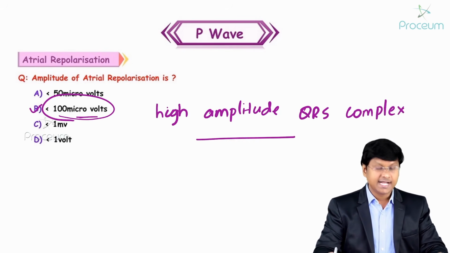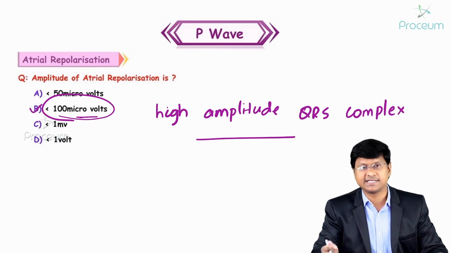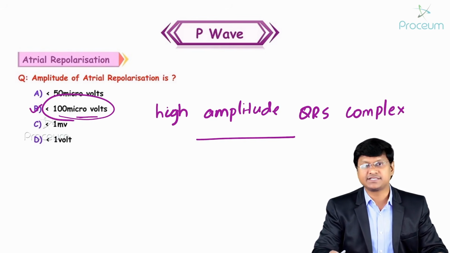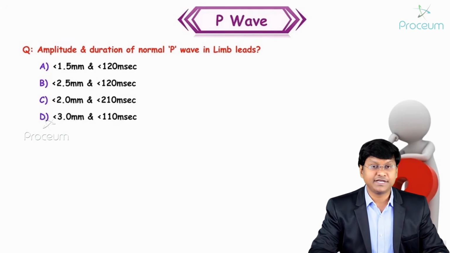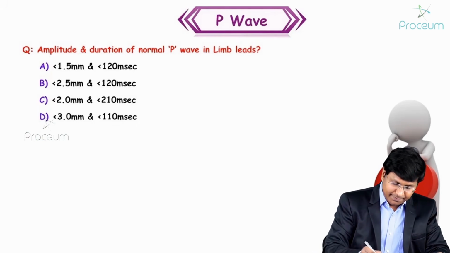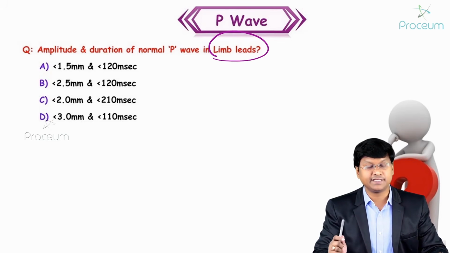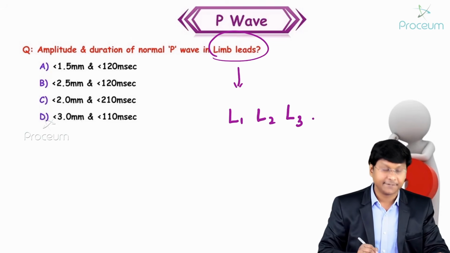Alright, now after having discussed atrial depolarization, atrial repolarization and the axis, let me tell you about the amplitude and duration of the normal P wave. The question: the amplitude and duration of the normal P wave in the limb leads. Amplitude is different in the limb leads and the chest leads. The limb leads include lead 1, lead 2 and lead 3.